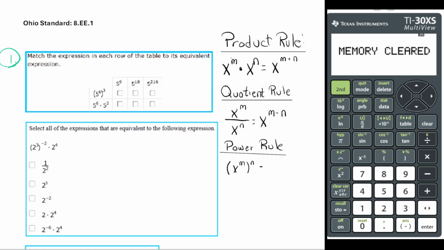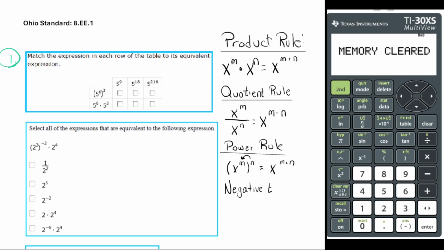And when you see this, what I always like to compare it to is distribution. Because distribution is always multiplication. And here you're going to be doing the same thing. You're distributing this exponent in, so this will be x to the m times n. Okay? And then finally we have the negative exponent rule.